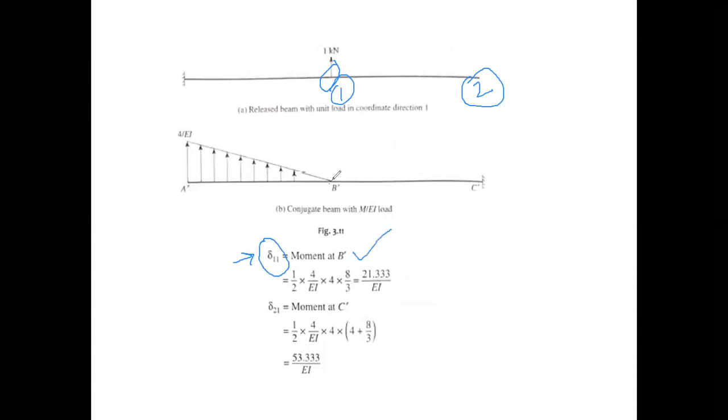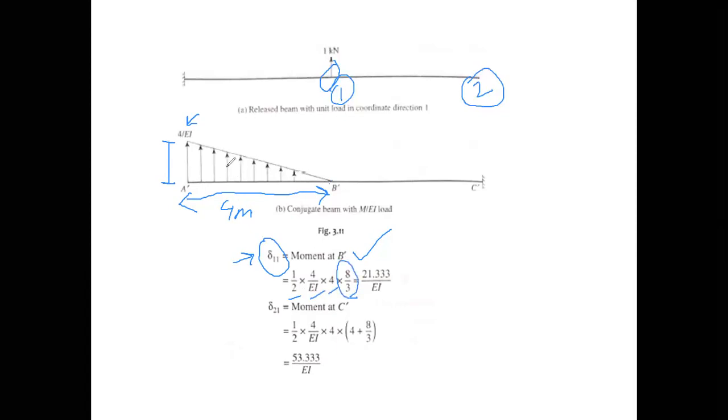So the moment over here will be due to this triangular loading. This height is 4 upon EI. So this is half multiplied by base. Base is 4 meters. Height is 4 upon EI. So this is half multiplied by base multiplied by height, and this is the distance from the centroid.